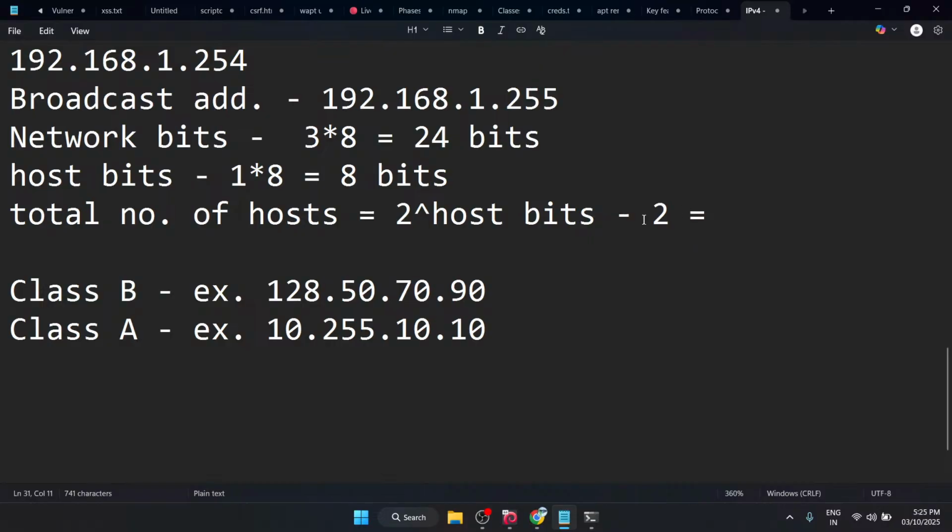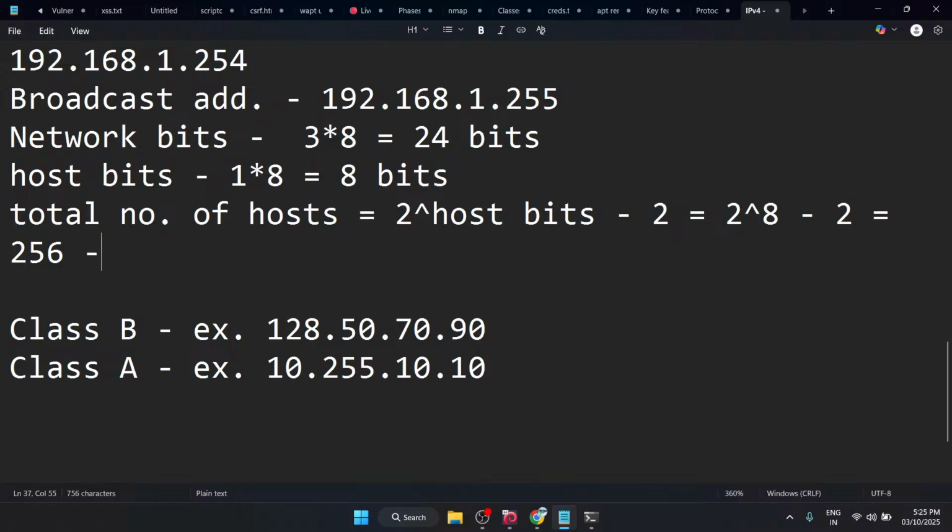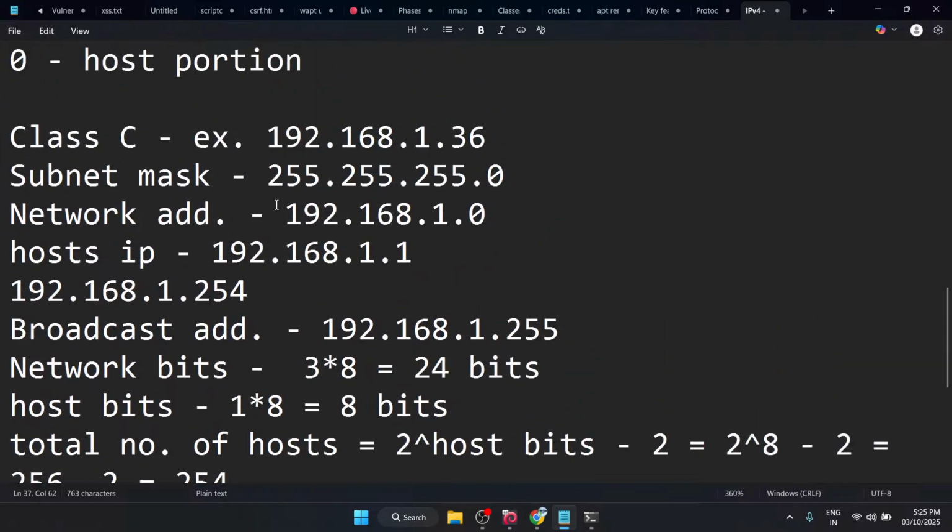So 2 to the power 8 is 256, minus 2 equals 254. So these many hosts can sit upon a single network.